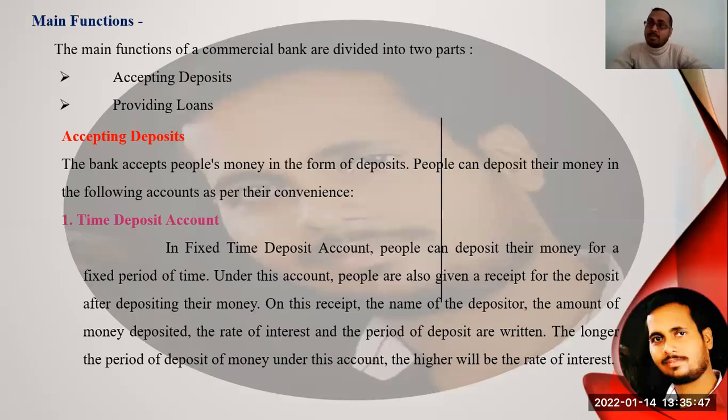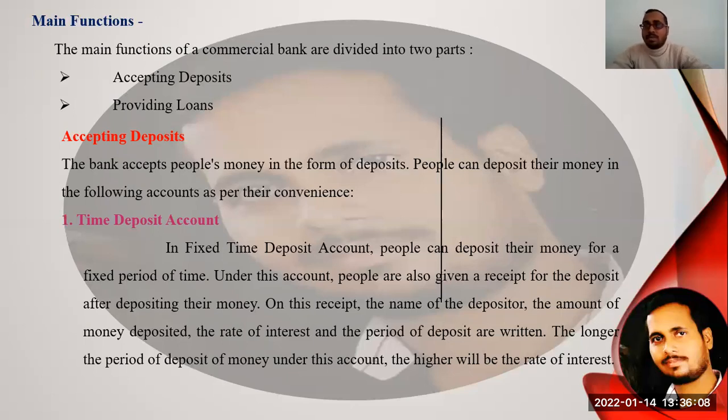Students, a fixed time deposit is also called the FD account, the fixed deposit account. In a fixed deposit account, people can deposit their money for a fixed period of time. Under this account, people are given a receipt for the deposit after depositing their money.